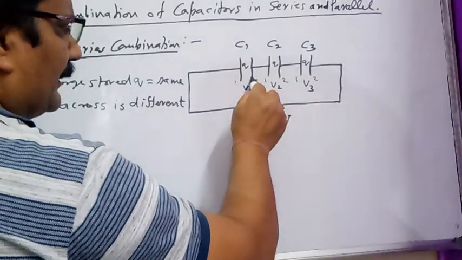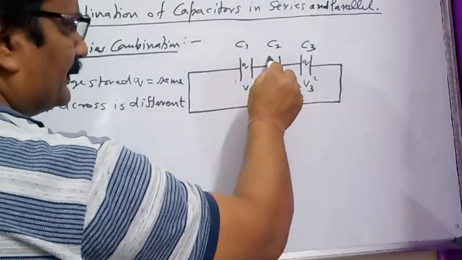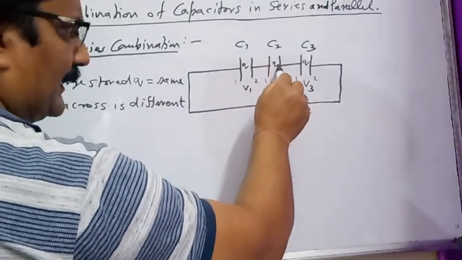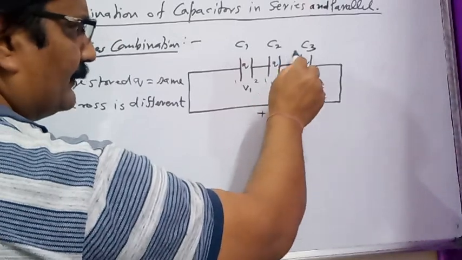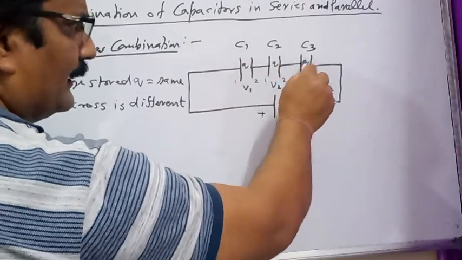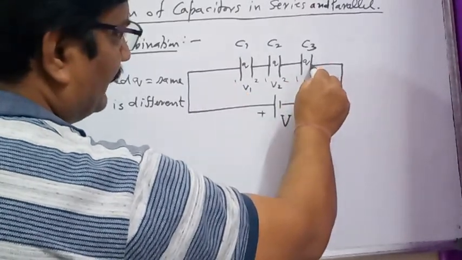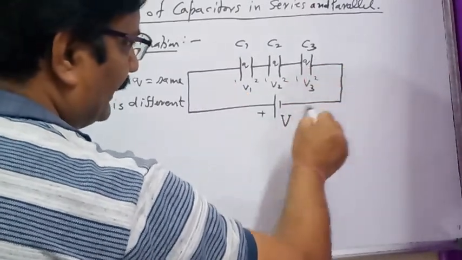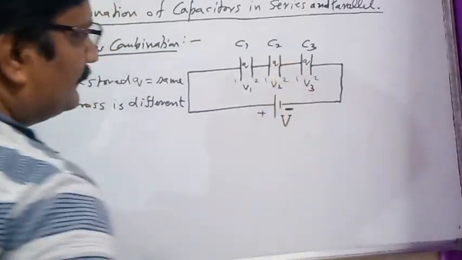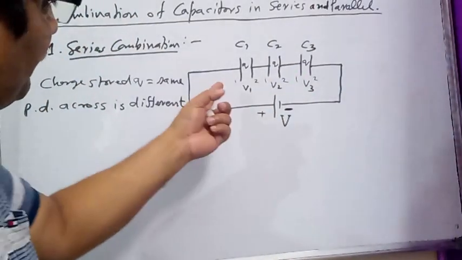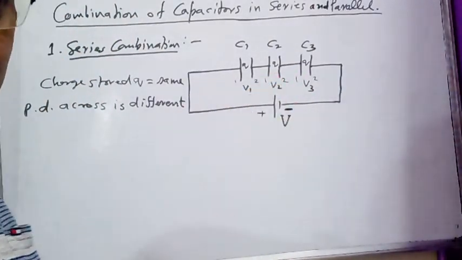The second plate of the first capacitor is connected to the first plate of the second capacitor. The second plate of the second capacitor is connected to the first plate of the third capacitor, and so on. And the second plate of the last capacitor is connected to the negative terminal of the battery or cell. This type of combination is called series combination.